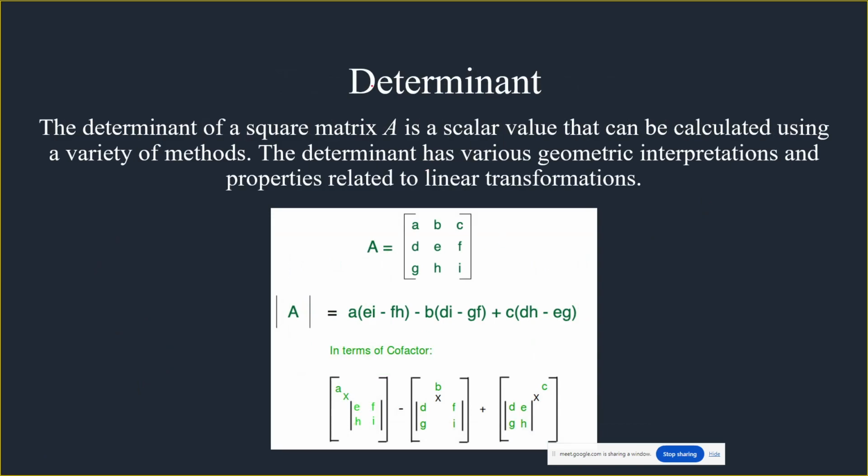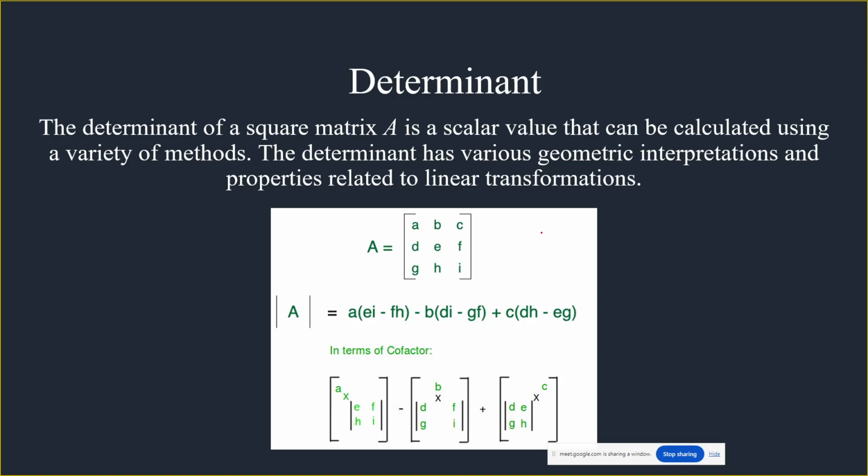Now we will look at the determinant. What is a determinant? If we look at the definition, the determinant of a square matrix A is a scalar value that can be calculated using a variety of methods.